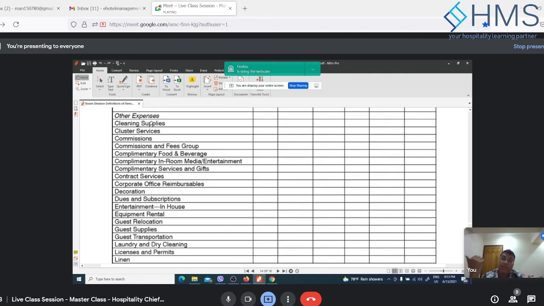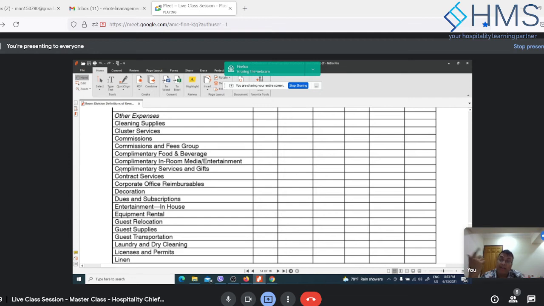For example, for some hotels cleaning supplies can be 100% variable. For some hotels, it can be 100% fixed. For most of the hotels, complimentary food, complimentary services, the guest supplies and the operating guest supplies are usually variable expenses, meaning they will increase or decrease depending on the number of rooms occupied.